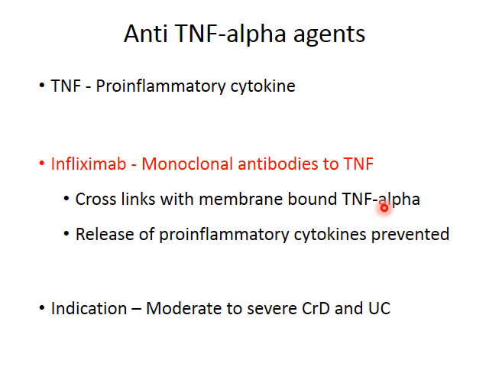So T cell and macrophage functions are suppressed in the presence of an anti-TNF alpha agent. Due to that, the release of pro-inflammatory cytokines is prevented. So the release of interleukins and other pro-inflammatory mediators is prevented.